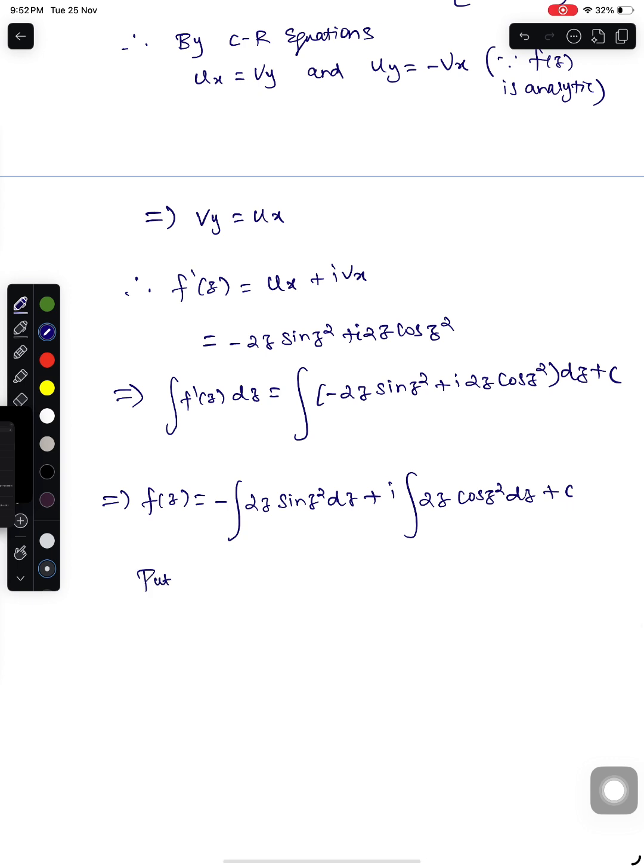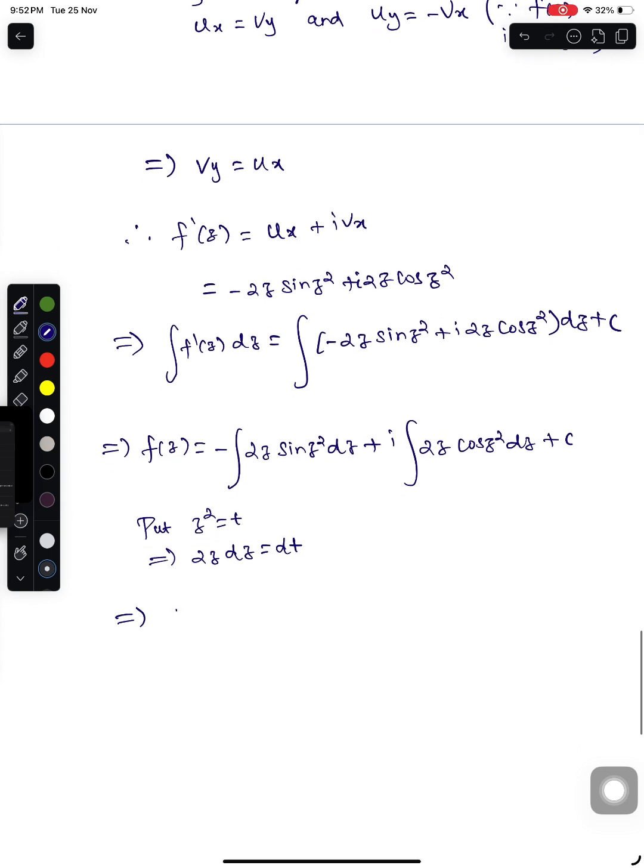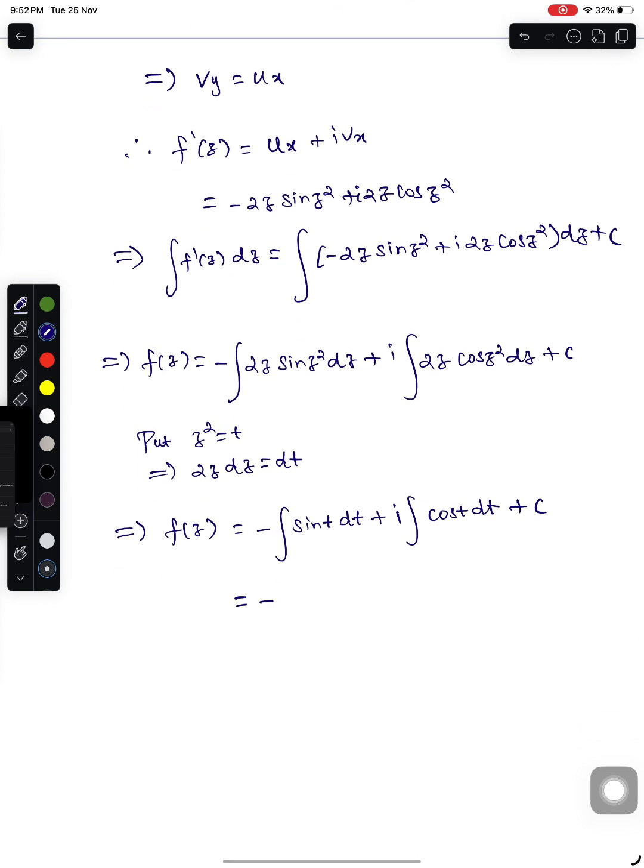Now you put z square equal to t, which implies 2z dz equal to dt. So that will become f of z equal to minus integral sine t dt plus i into integral cos t dt, because 2z dz is dt and z square is t.